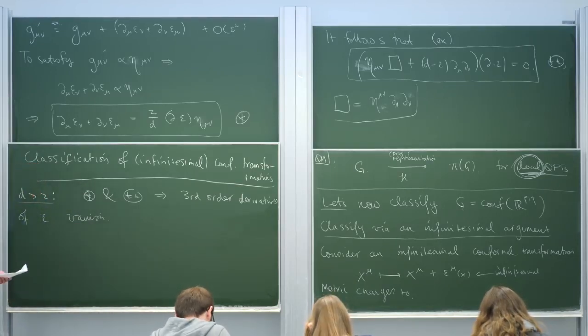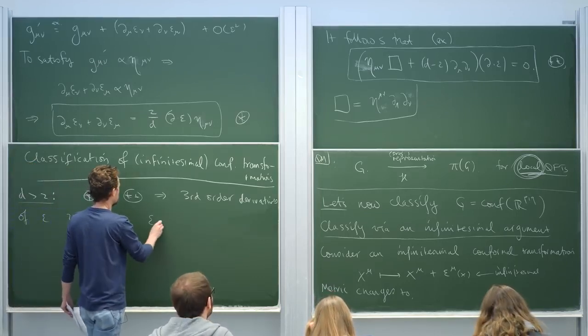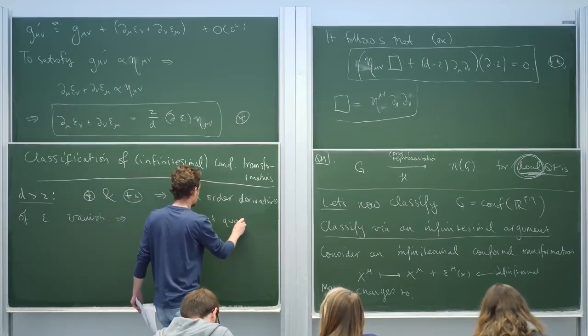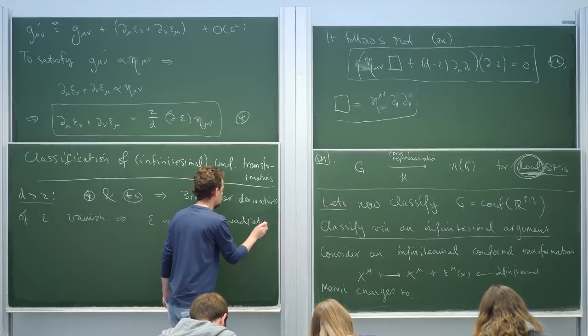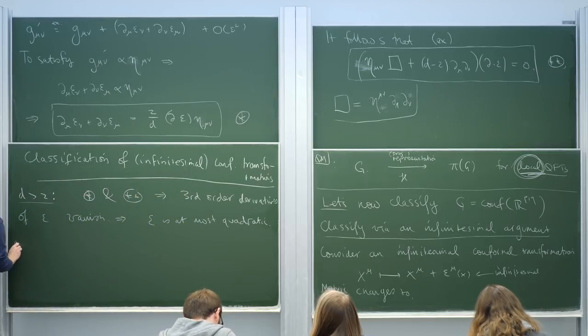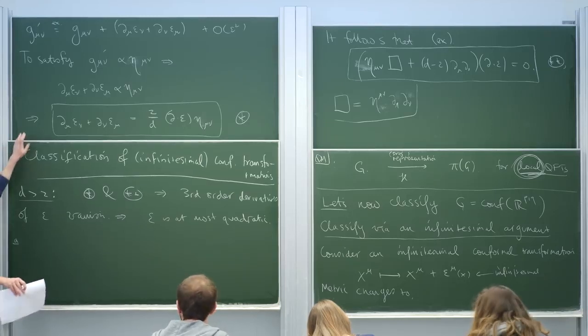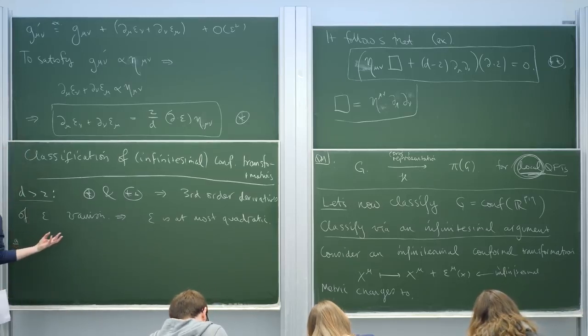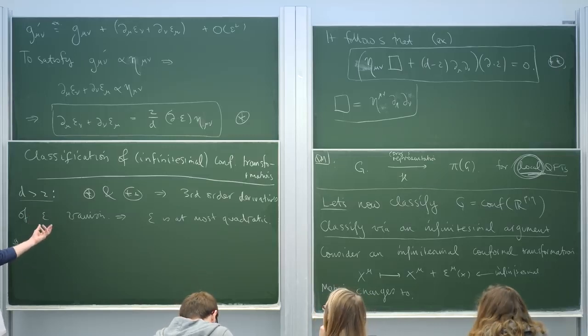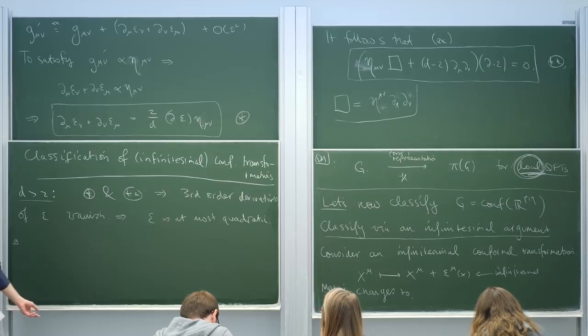So that means that epsilon is at most quadratic in the space-time coordinates. It's already kind of interesting. And we're going to classify epsilon by just looking at the orders. So we're going to look at all epsilons which are order 1, which have no dependence on the space-time coordinates, epsilons that depend linearly on the space-time coordinates, epsilons that depend quadratically on the space-time coordinates. And that'll allow us to classify all infinitesimal conformal transformations.